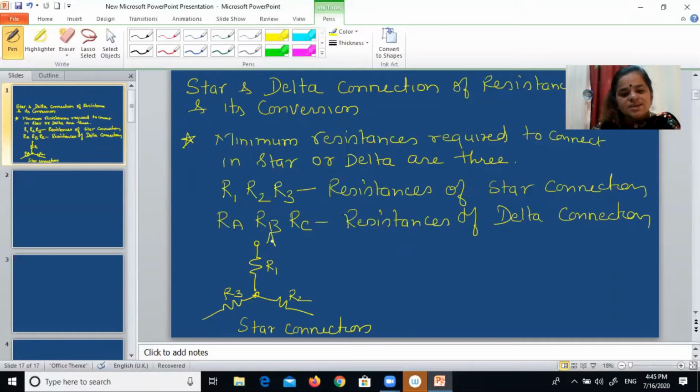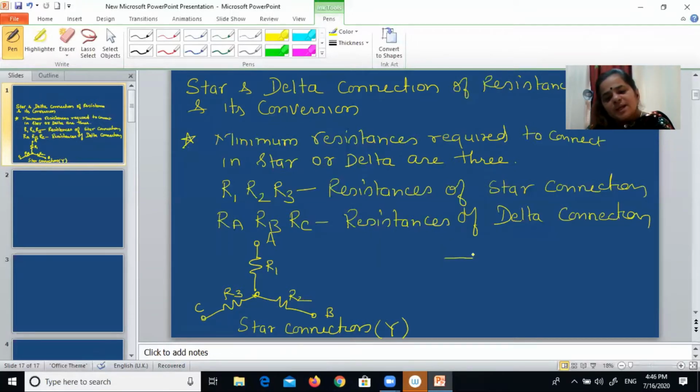Suppose this is point A, this is point B, this is point C. That kind of connection is called a star connection, and with the help of the capital Y symbol, we can represent the star connection.